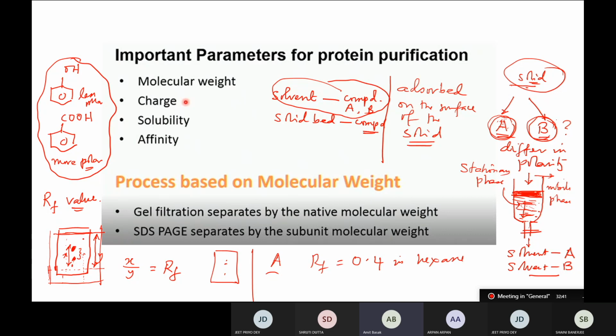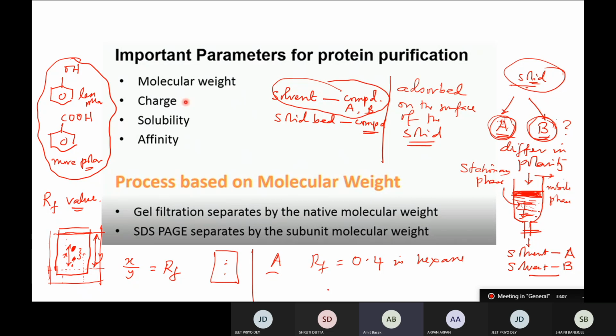There is a name for this: that is the mobile phase. I already told you this, the one which is moving is called the mobile phase, and the other phase is basically the silica gel coated on the plate, which is not moving, which is actually stuck to the glass plate. That is called the stationary phase.